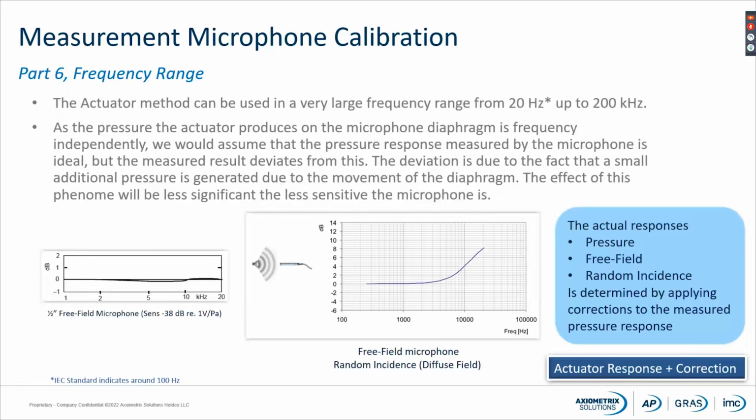The deviation is due to a small additional pressure generated by the movement of the diaphragm. So when the diaphragm is moving, you will build up a resistance, mainly at higher frequencies, which will give a little less sensitivity of the microphone at the higher frequencies.